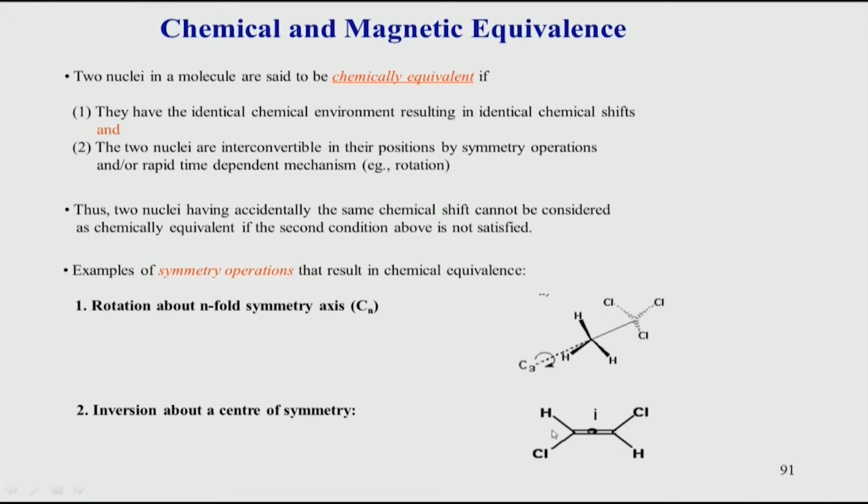Therefore these two hydrogens are interconvertible. At the same time they have the same chemical environment. This hydrogen has a chlorine next to it and a chlorine this side. Similarly, this hydrogen has one chlorine next to it and one on this side.